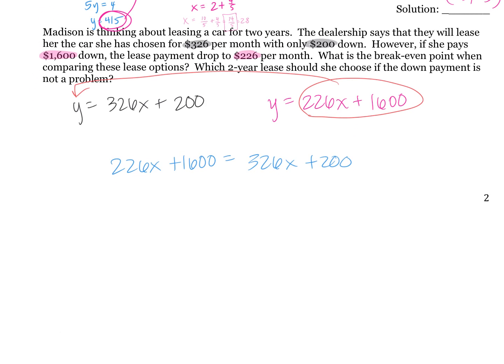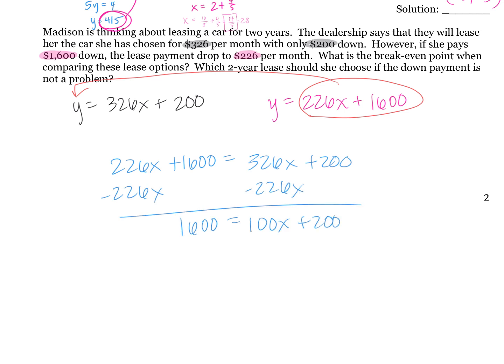I'm going to subtract 226x. What'd you get for x? 14. And what's that referring to? She's paying $326 per month, right? $226 per month.